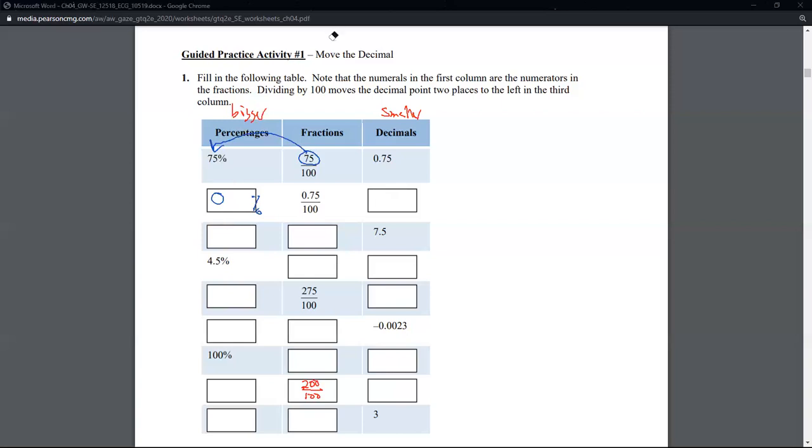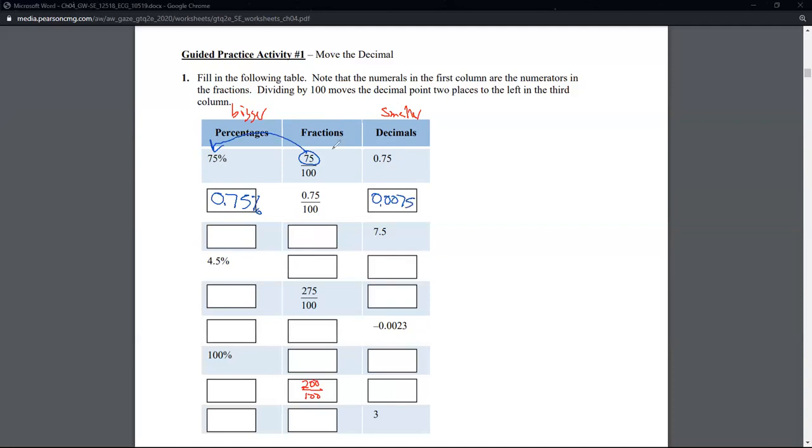Oh, I erased too much. I knew that was going to happen. That's okay. So we don't go right. We know we're going to go left twice, which is going to end up putting two filler zeros in place, so it's 0.0075 as a decimal.